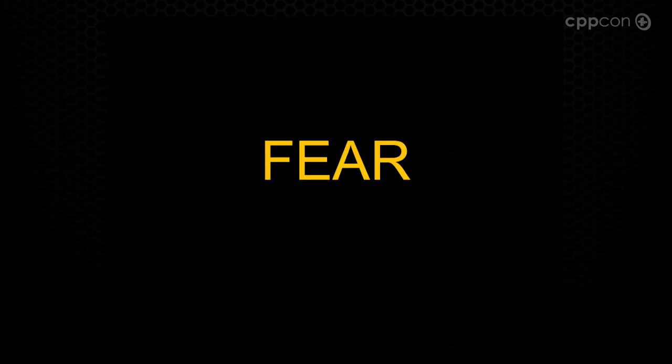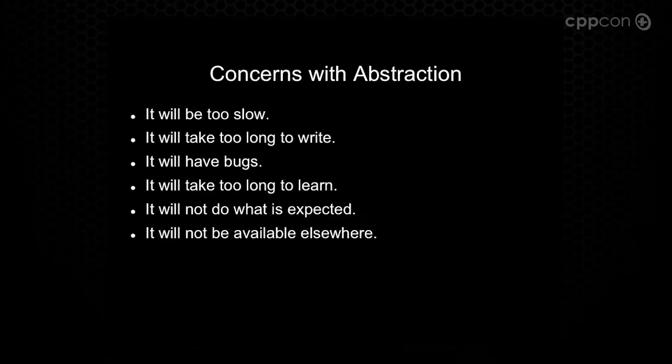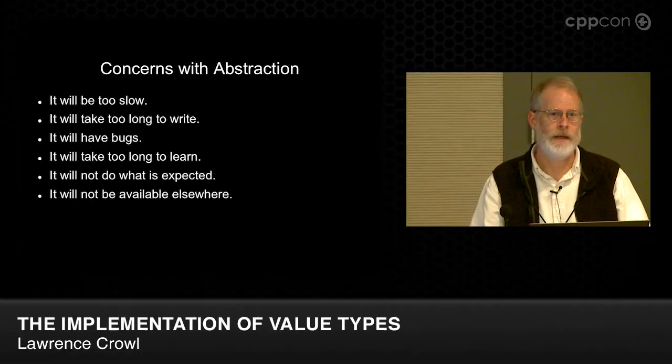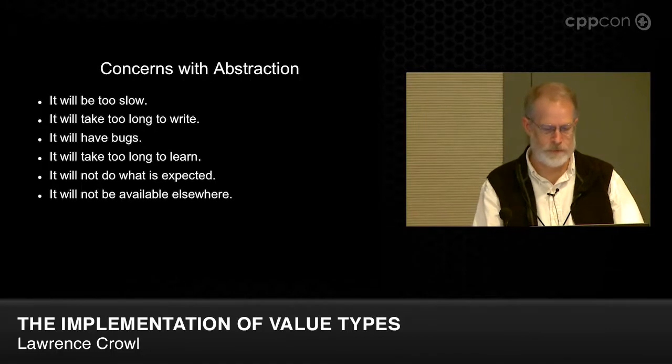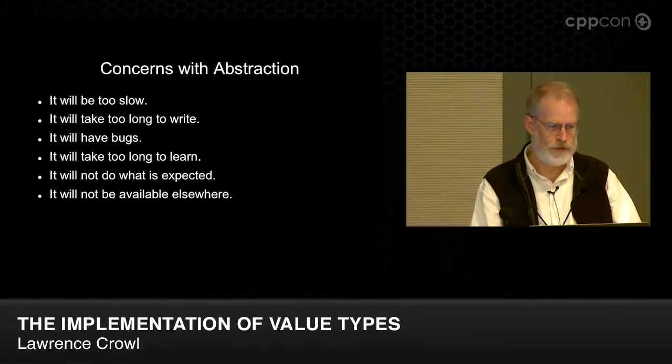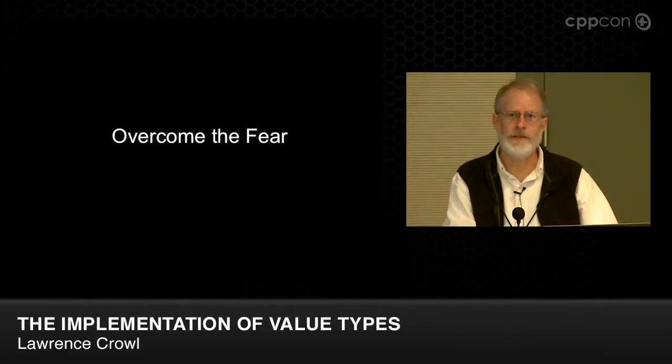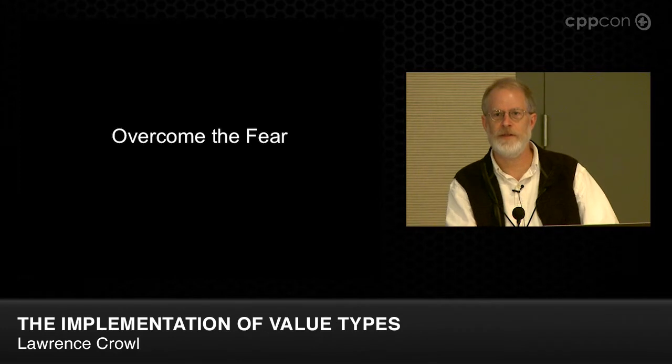They're not just worried, they're afraid. What are they afraid of? What are their concerns? Well, the list is fairly long, but it basically boils down to it will not be as good as a built-in value type. They're afraid they're going to lose something: performance, correctness, portability, whatever. So if you're going to implement a value type, you need to overcome their fear. You need to make a type that's efficient and bulletproof.